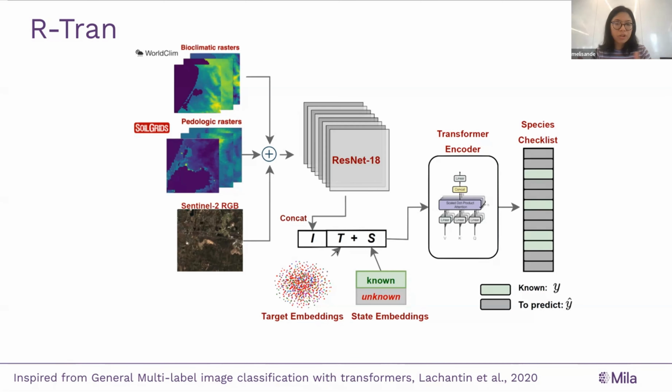So typically if I go to a place and I just have bird data, then the bird data is known, the butterfly data is unknown, and what I want to predict is the butterfly data. So this is trained in a way that actually masks species during training time and tries to predict the species that are masked as unknown.